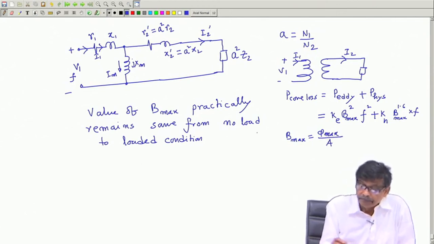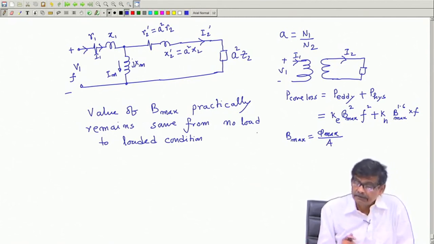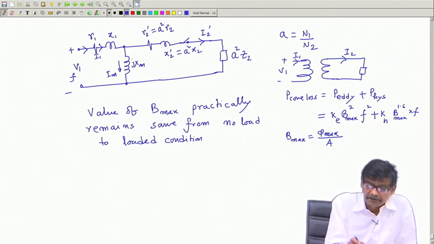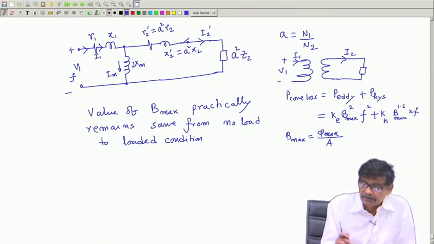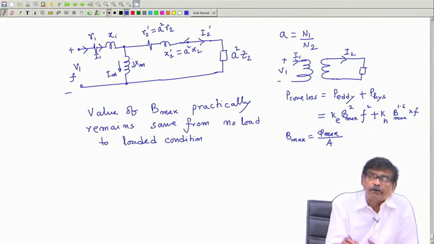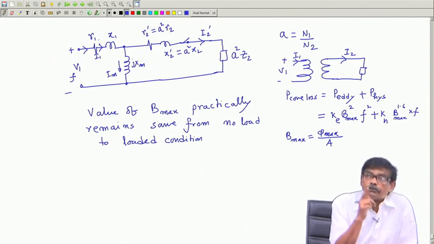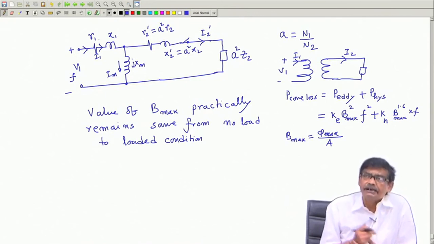Therefore, this voltage will change strictly when no load is connected. Suppose there was no load, so a square Z2 is infinity, here it will be open circuit, then the current drawn will be pretty small. So, this voltage will be this one. But when it is loaded, this current will increase no doubt, but these parameters are small. The drop which will take place here, the voltage across this magnetizing branch Xm, will definitely not be equal to V1, but it will only marginally change.